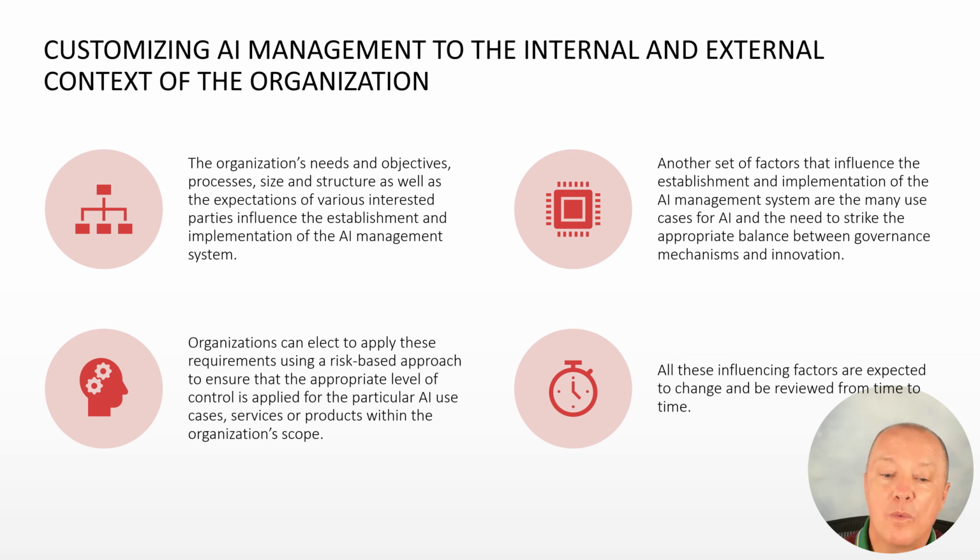So we begin by getting a good understanding of the internal and external business context drivers for our AI management system. And this is where the organization's needs and objectives, processes, size and structure, as well as the expectations of various interested parties influence the establishment and implementation of the AI management system.